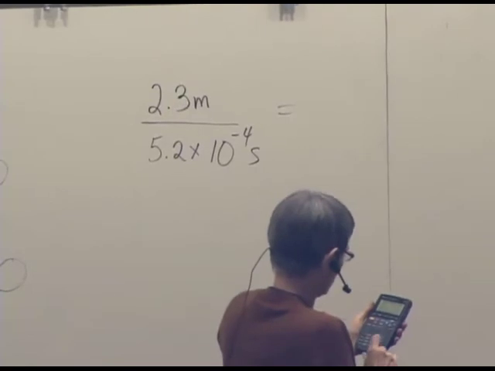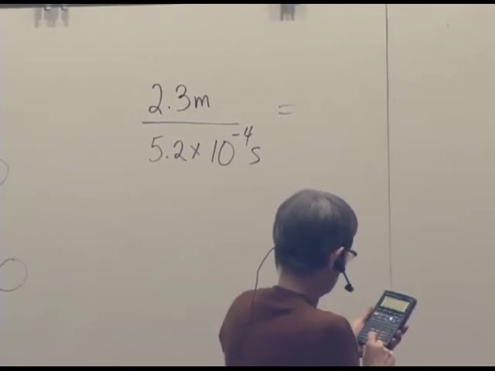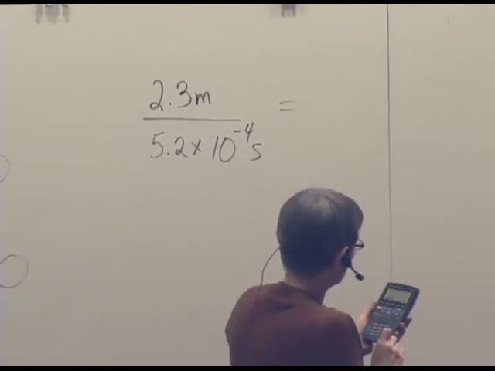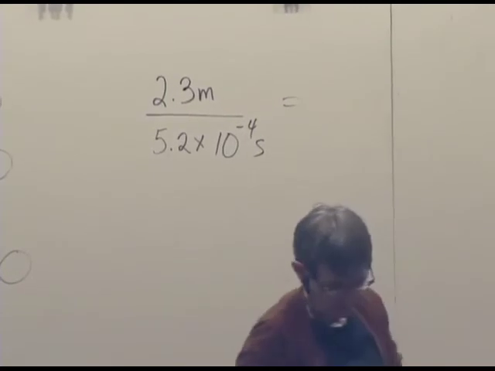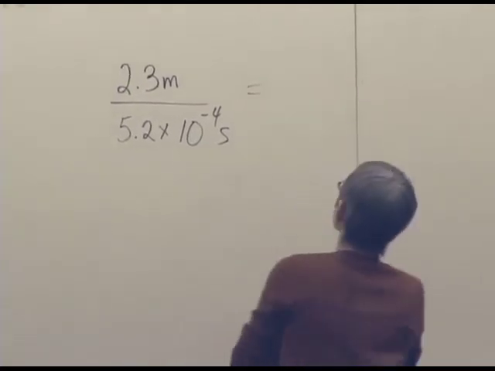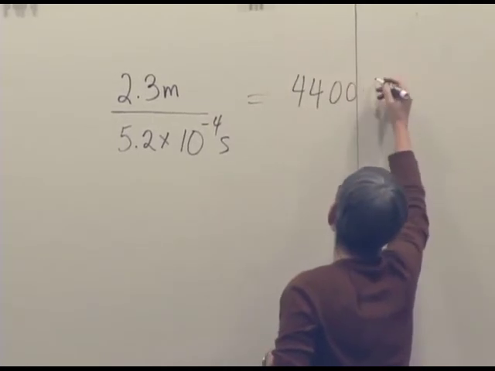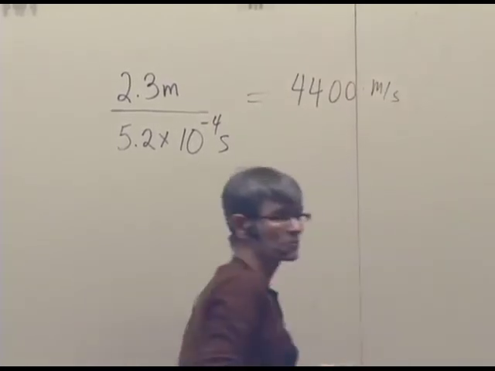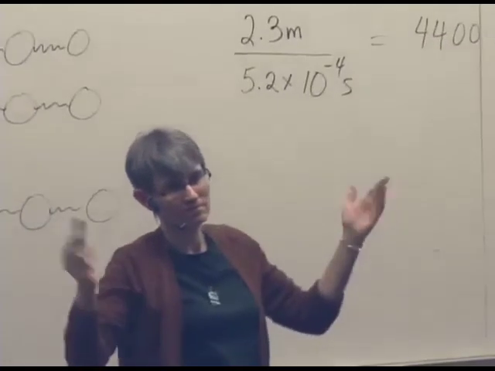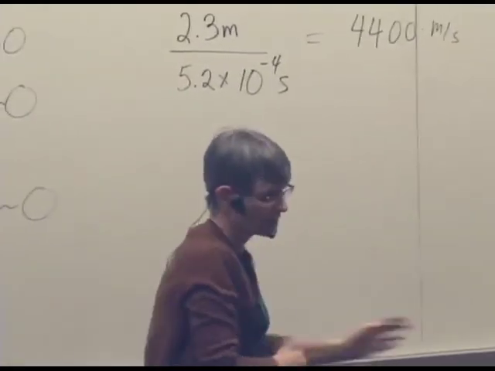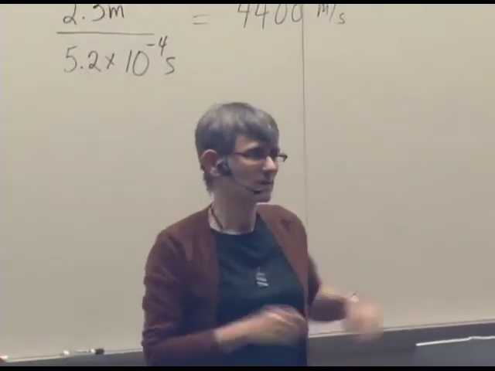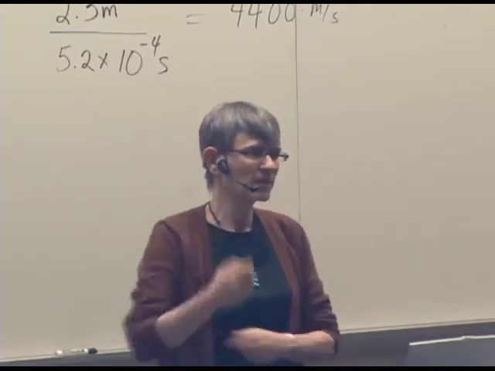So 2.3 divided by that is something like 4,400 meters per second. And so fast, right?